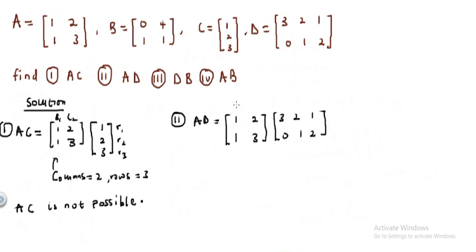So we check the number of columns for our first matrix. There are 2 columns here. The number of rows for our second matrix is row 1, row 2. Since the number of columns for the first matrix is equal to the number of rows for the second matrix, we can go ahead and multiply the two matrices.